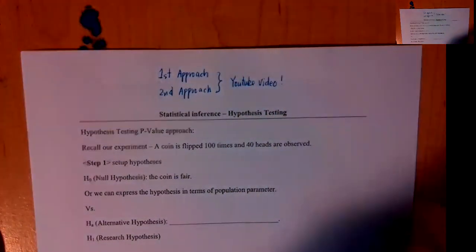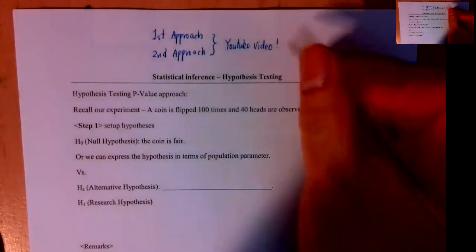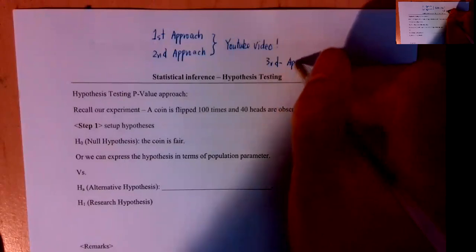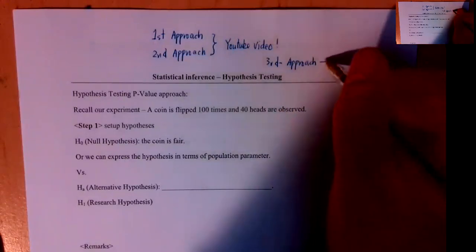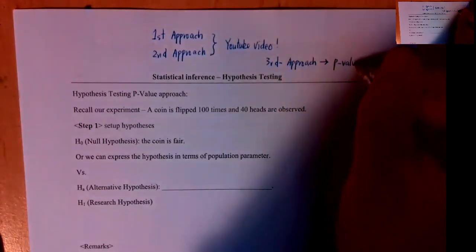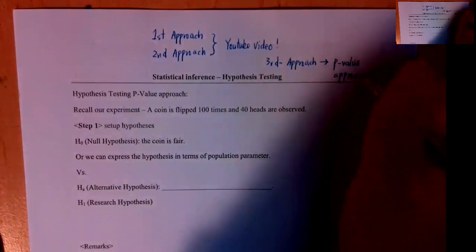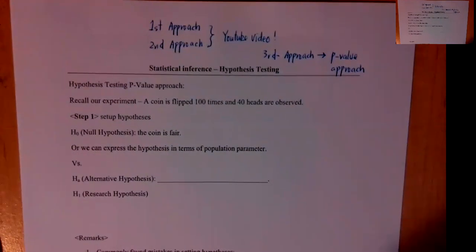The one I'm going to cover this class is the third approach. I call it the p-value approach, and the p-value approach is the approach used by our textbook, okay?